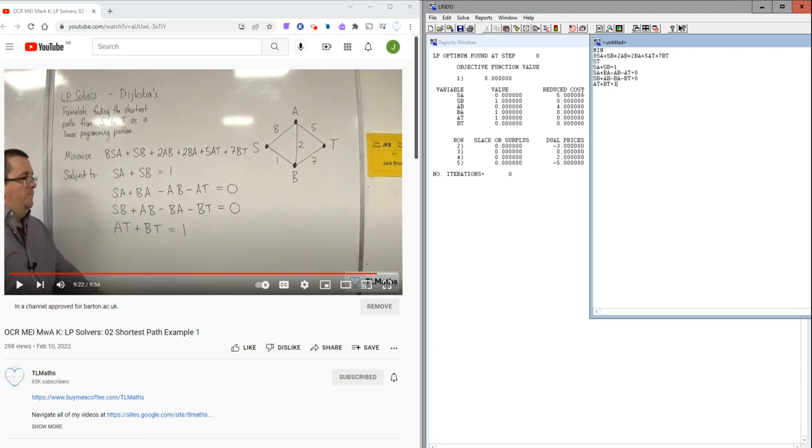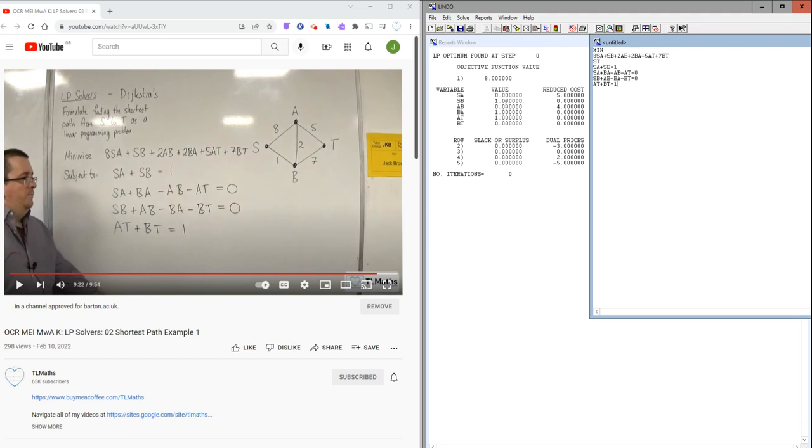What it means is that if I forced SA to be picked, then the minimum would be 5 on top of the 8 that I already have. So it would be 13. The shortest path, if I force SA to be included, would be 8, and then AT is 5, so 8 plus 5 is 13.